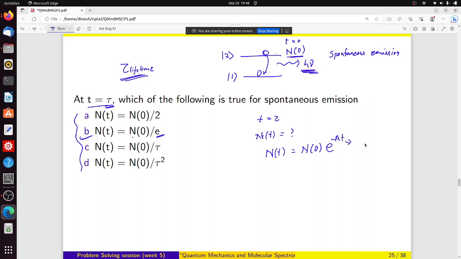At t equal to tau, tau is nothing but 1 over A, this will be n of 0 e to the power minus 1. So the number of particles which were there at time equal to 0 will reduce by a factor of e. So this is the right answer. Okay, good.